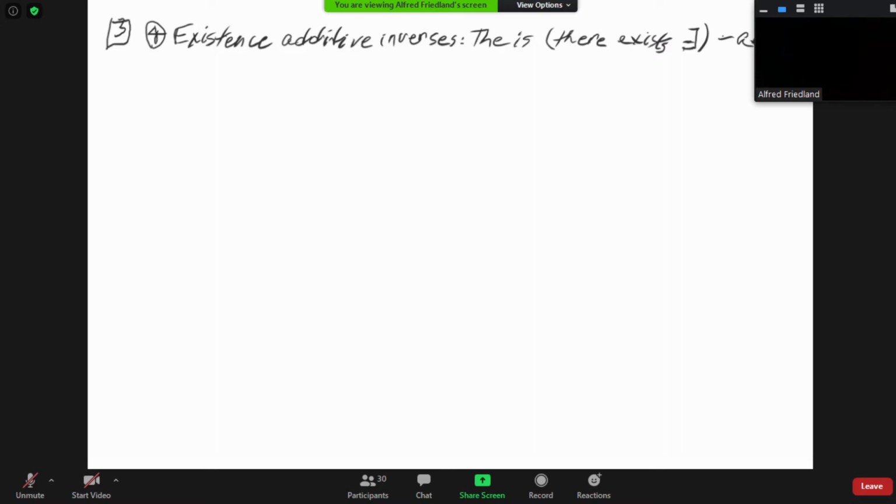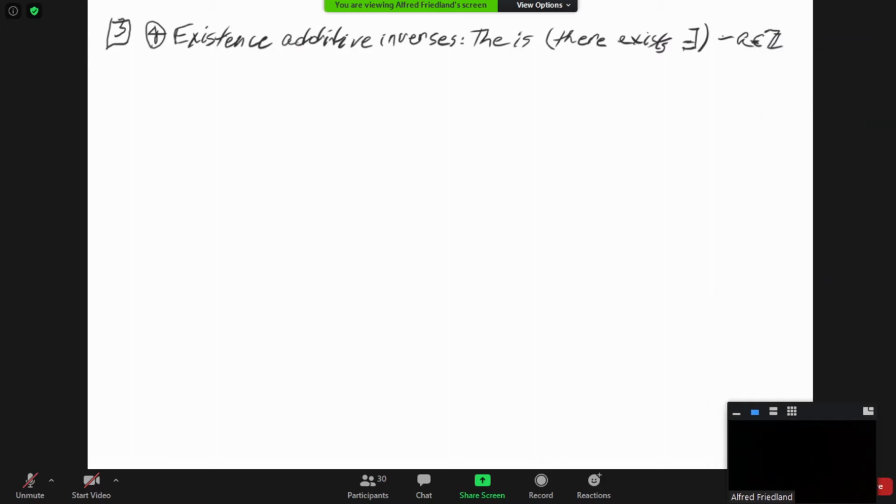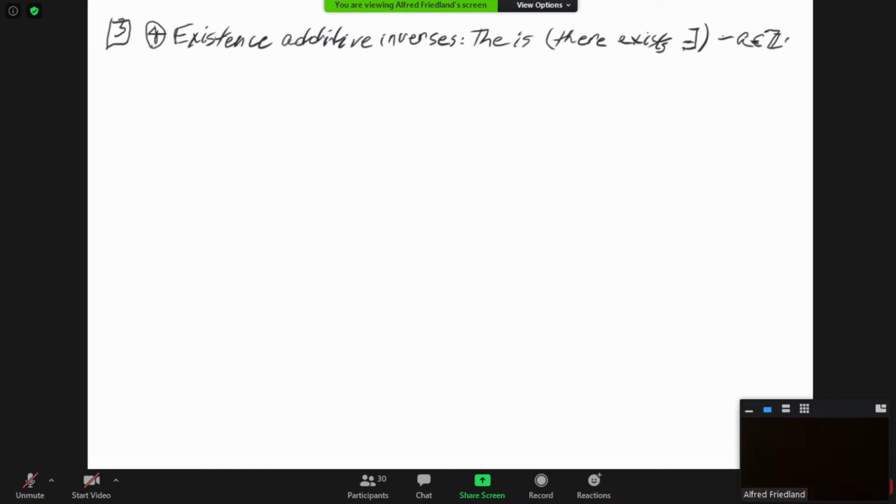That's read negative A. And as I said Tuesday, please not minus A. Negative A is an element of Z. That means negative A is an integer. And then the colon means such that, or with this property, A plus this number negative A, and it has to work on both sides.